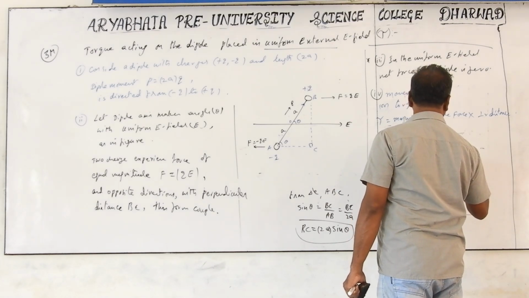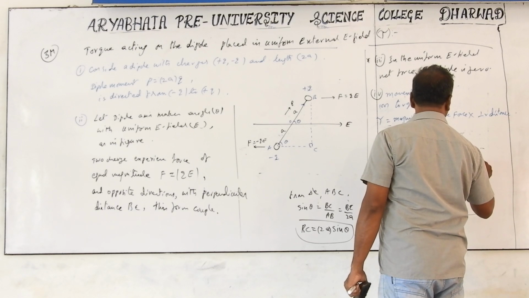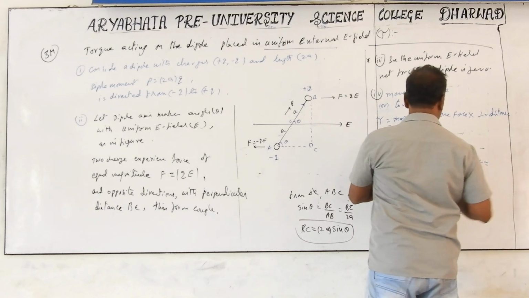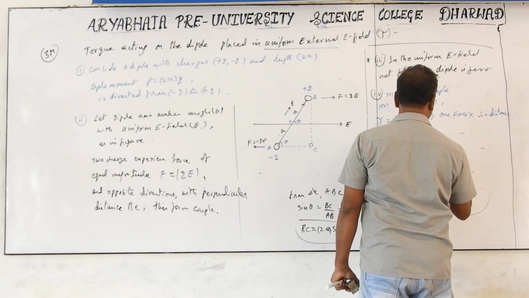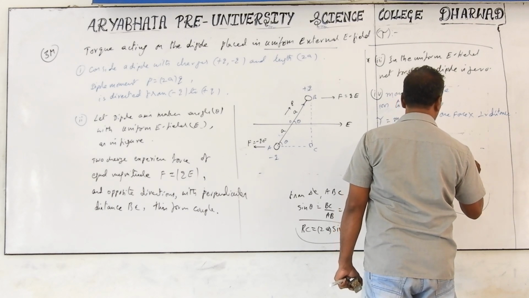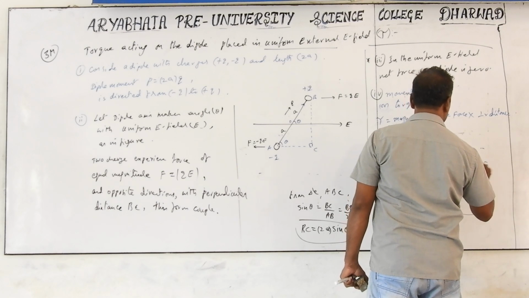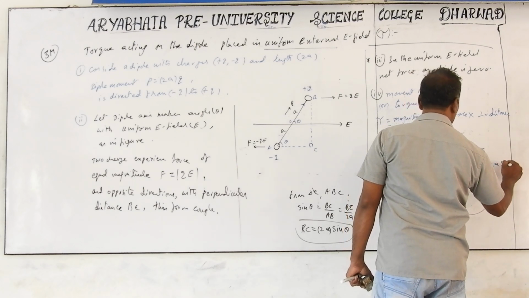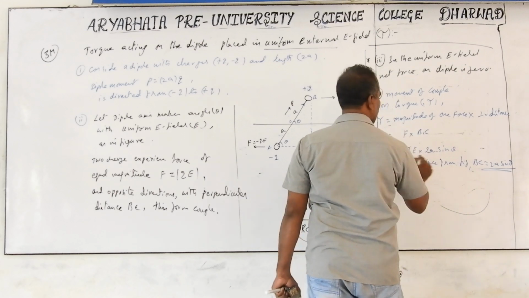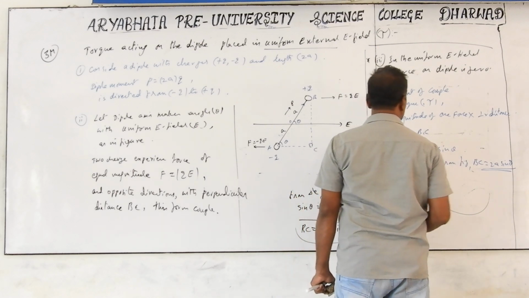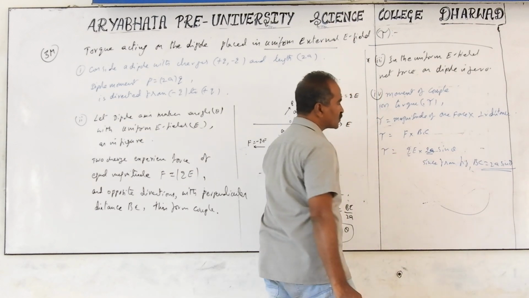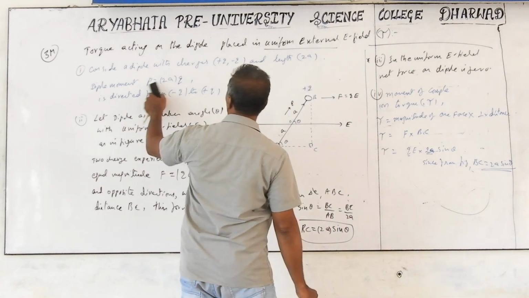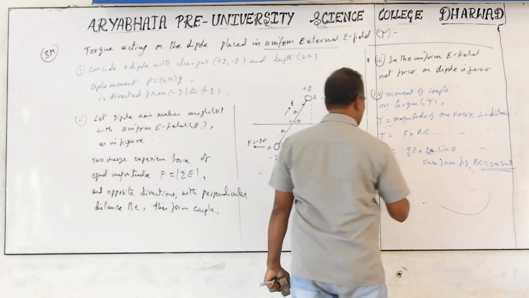From the figure, BC is equal to 2A sin theta, the perpendicular distance. Now what I get here is 2A into q times E sin theta. 2A q is nothing but the dipole moment magnitude p.